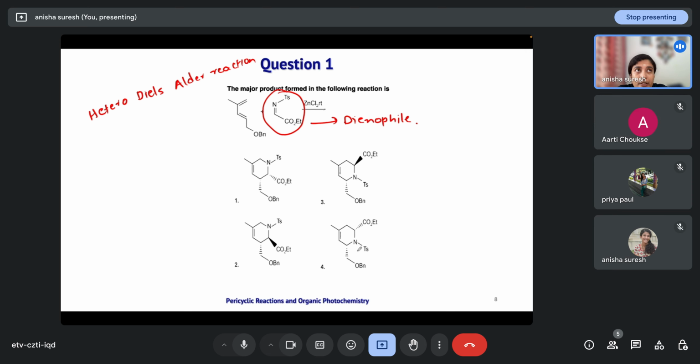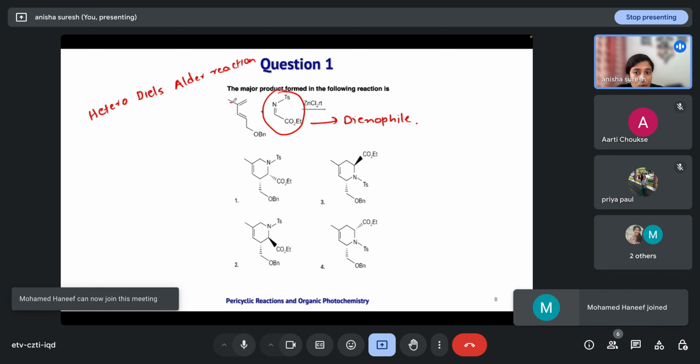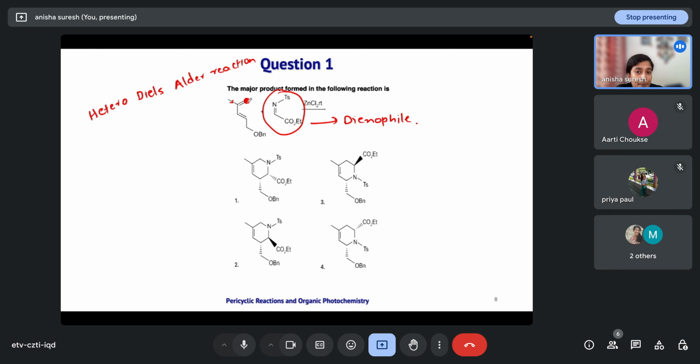Yeah. But when we are considering the regiochemistry of the Diels-Alder reaction, we have to consider the highest coefficient of LUMO and the highest coefficient of HOMO, right? Yes, ma'am. In this case, this methyl group is an electron releasing group according to the inductive effect, so this carbon atom will have the largest coefficient of HOMO.